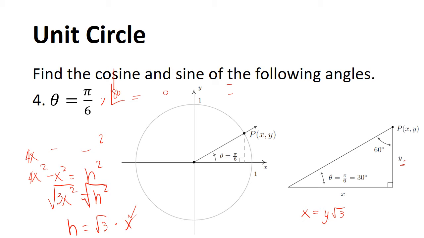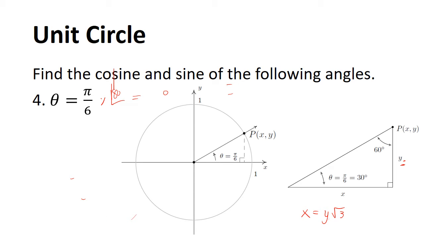Parang meron akong space. Sorry. Therefore, since pwede na natin actually makompute. Di ba itong hypotenuse ng right triangle is also the radius of the unit circle. Therefore, this is 1.